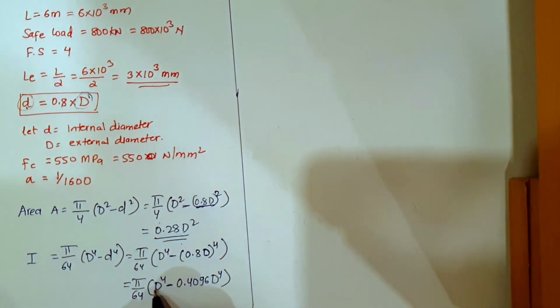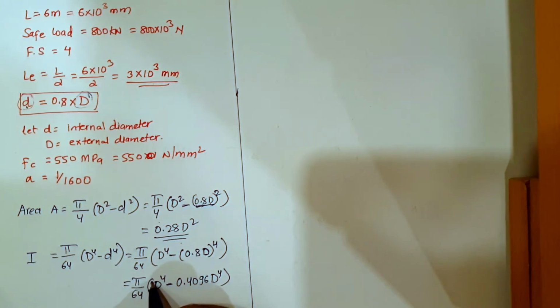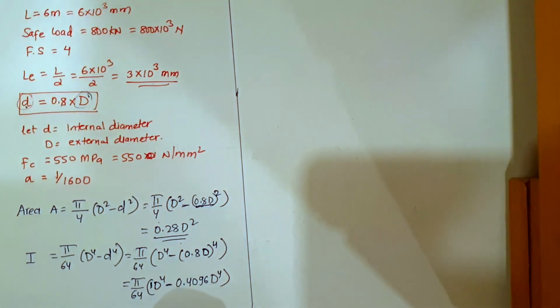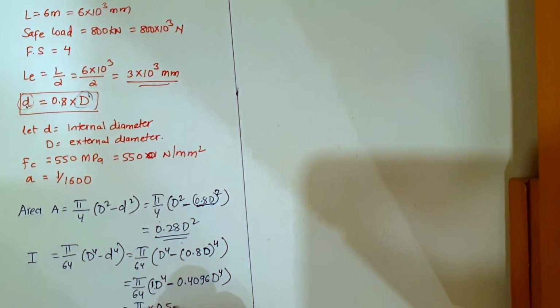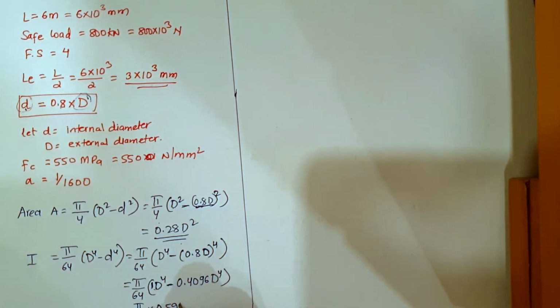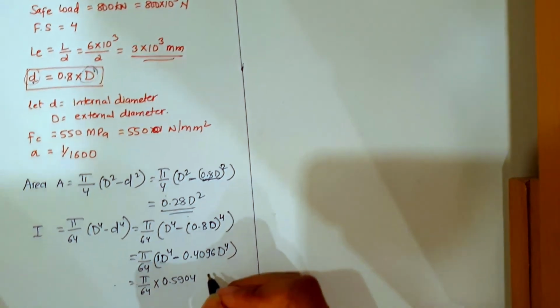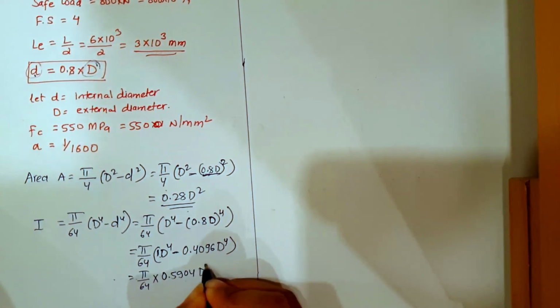Now deduct from here. Since there is only D raised to power 4, consider that there is 1 here. So 1 minus this value, pi by 64 into 0.5904 D raised to power 4.